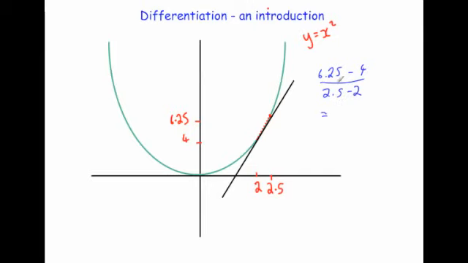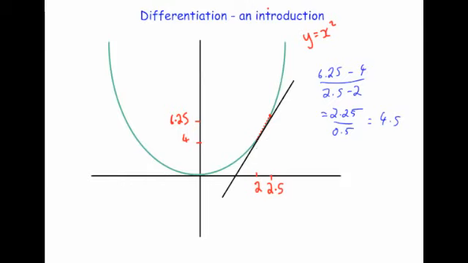Whenever I work that out, that gives me 2.25 divided by 0.5, which is equal to 4.5. So as you can see here, the gradient's getting less steep for this dotted line, and it's getting closer to the steepness of this black line, the tangent, at the coordinate 2, 4.